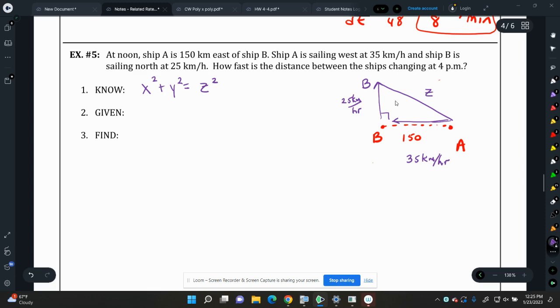So that comes out to 10 square root of 101. I did that work earlier, so we'll save ourselves some time. So there's my z. So 2z is 10 square root of 101 dz dt.